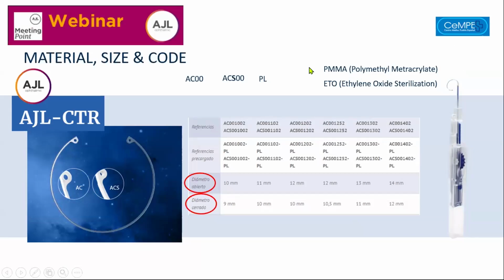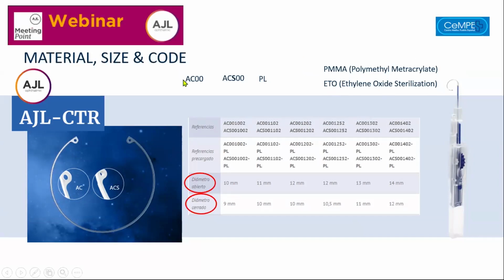This is a very resistant and rigid material, which is flexible enough for the implantation, but produces a sort of spring effect against the equator zone of the capsular bag. And they are sterilized in ethylene oxide.